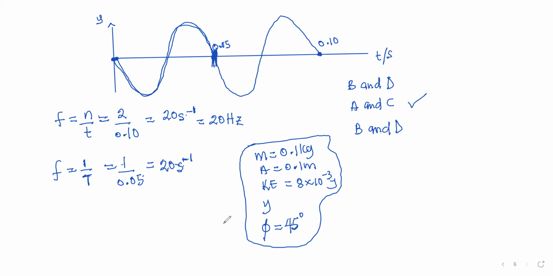So you are to write a displacement equation of this particle if the initial phase of oscillation is 45 degrees. I'll come back to you in about 5 minutes time.